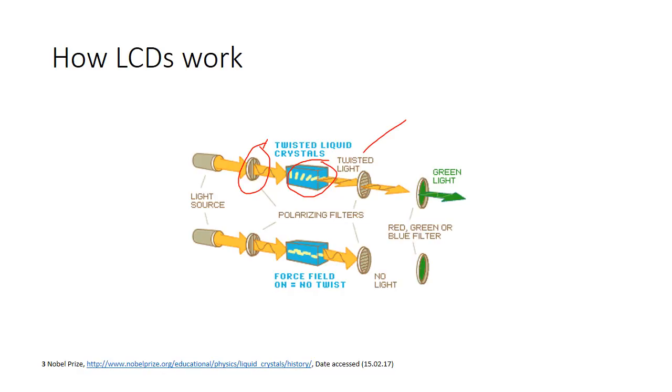The light is then put through a filter which changes the color that is displayed on the screen. However, if a force field is applied to the nematic phase, then no light will be produced and the screen will be black.